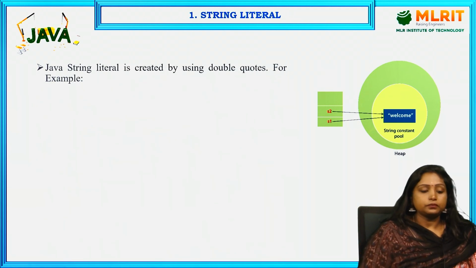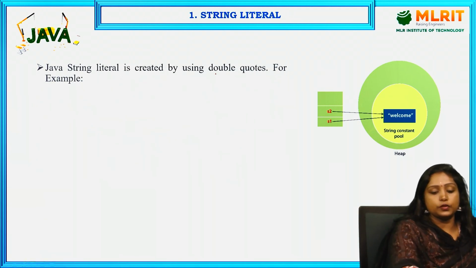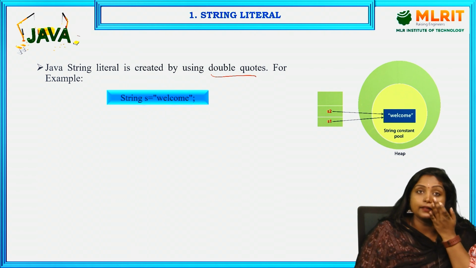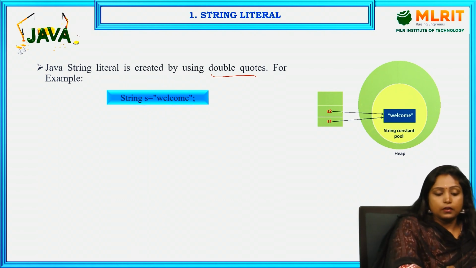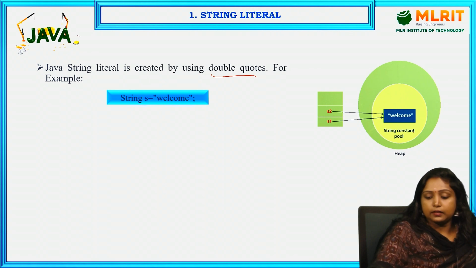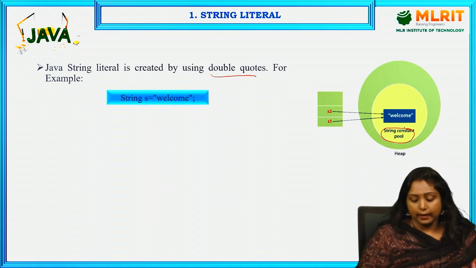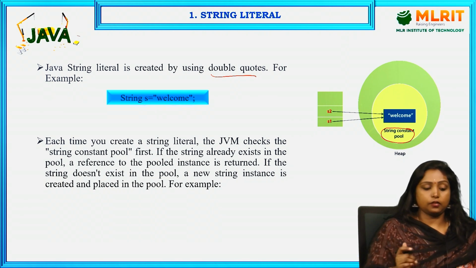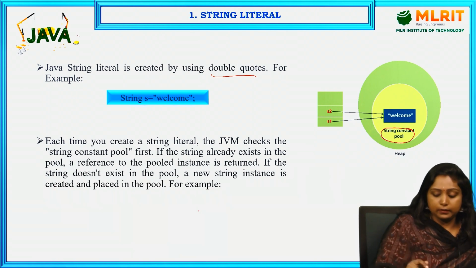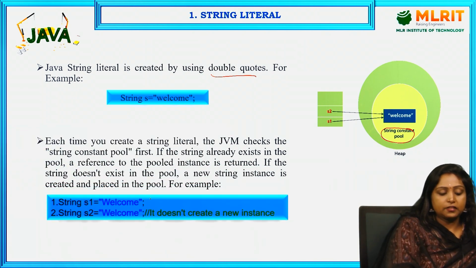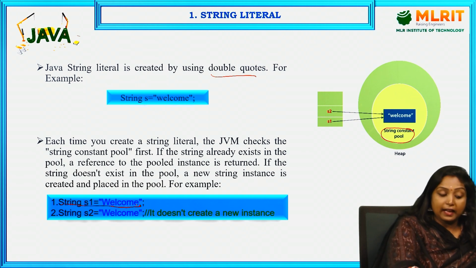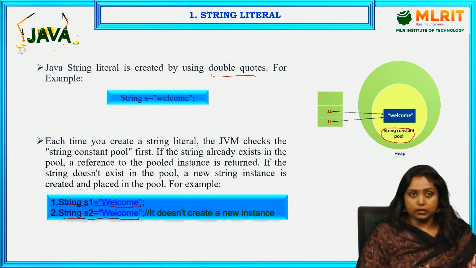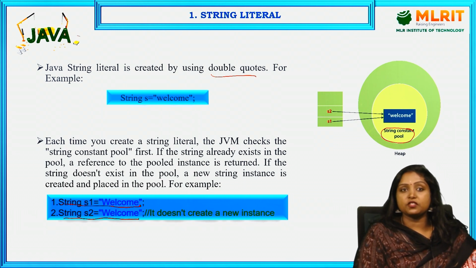A string literal is created using double quotations. Directly you can create string s equals "welcome". This would be saved in the string constant pool. Whenever you create another string, for example, I am creating string s1 equals "welcome" as well as string s2 equals "welcome". s1 and s2 are two objects with the same data, the same string, which is welcome.